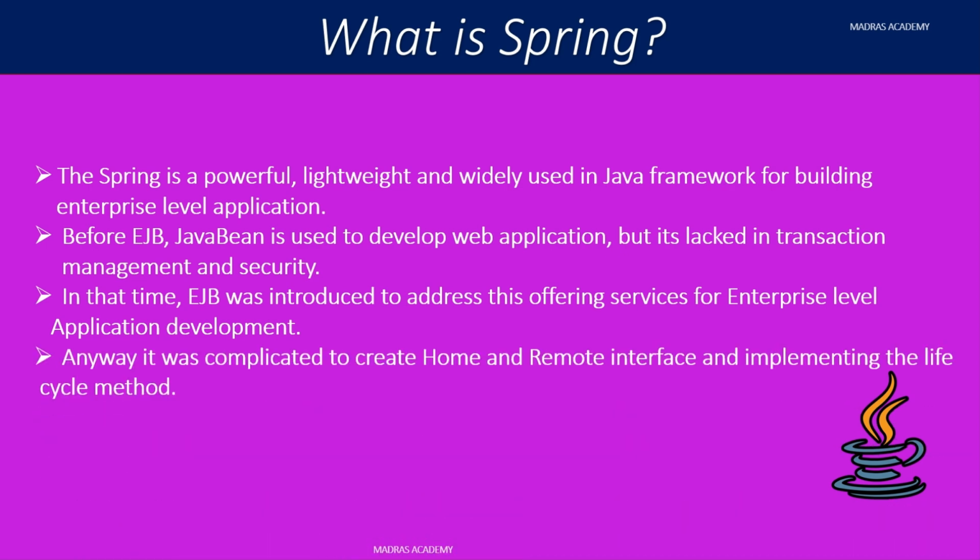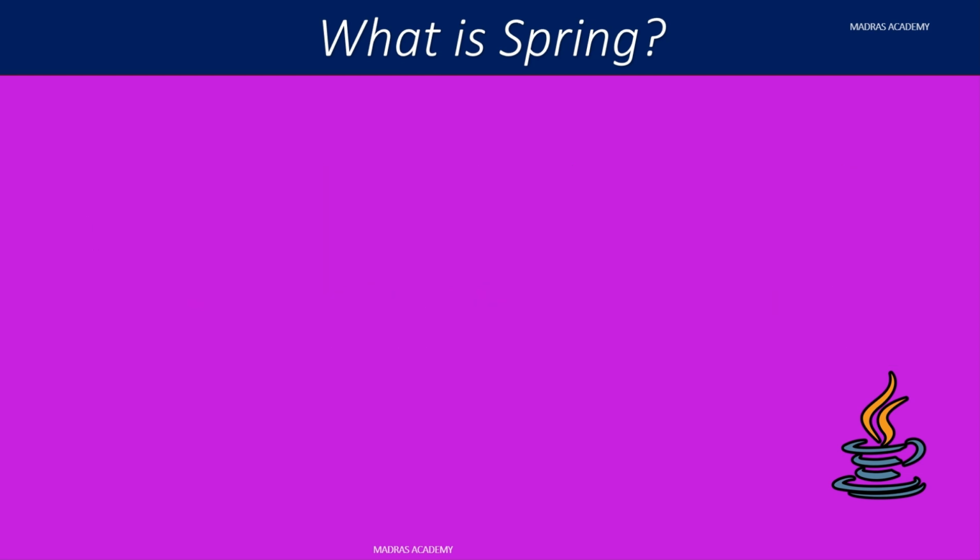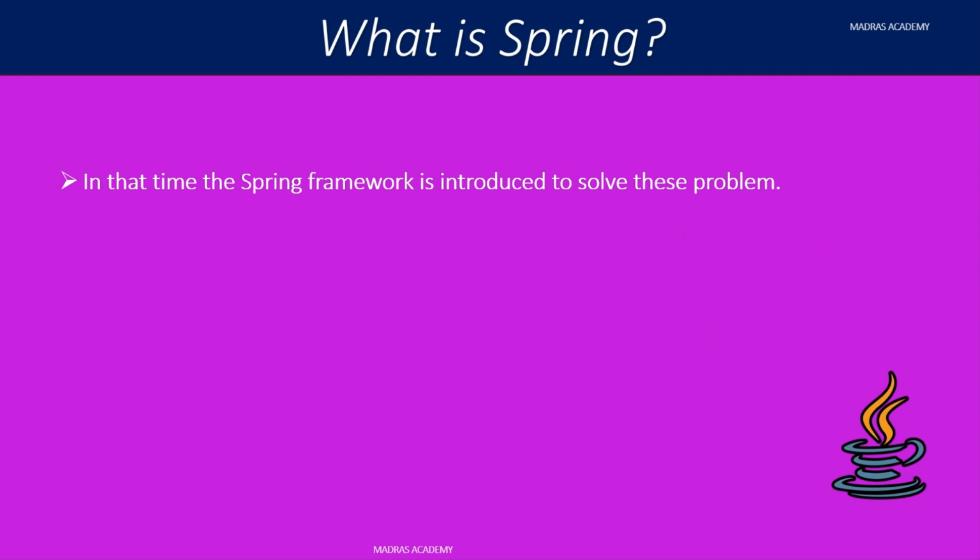However, it is complicated to create a home interface and a remote interface for implementing the lifecycle methods. At that time, the Spring framework was introduced to solve this problem.